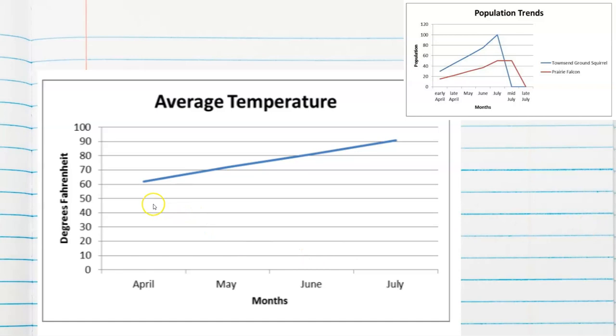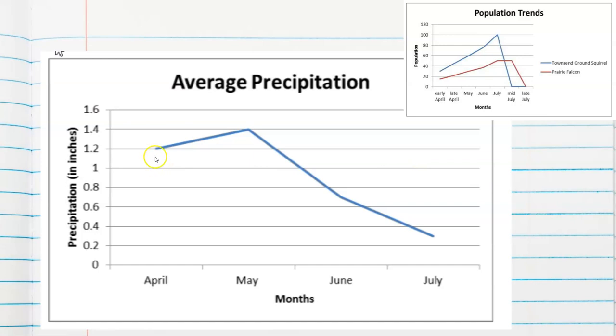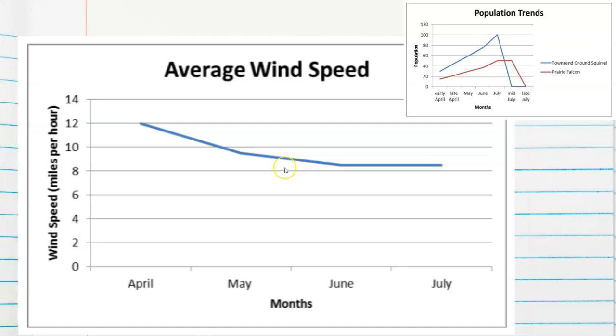Our average temperature during this time period is increasing. So you can see, remember our graph from before, we've got an increase in temperature. We also have a slight increase in precipitation, and then we have a decrease way down to very little precipitation. This is 0.2 inches. All right, and then our wind speed was kind of high, 12 miles per hour, and then it kind of levels off around 8.2 or so.